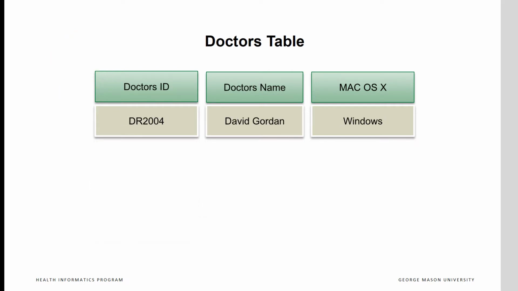Let us also imagine some data in the table about the doctors. This table includes the doctor's ID, name, and operating system. In the first row of data, we have Dr. 2004. His name is David Gordon and he is using Windows operating system.